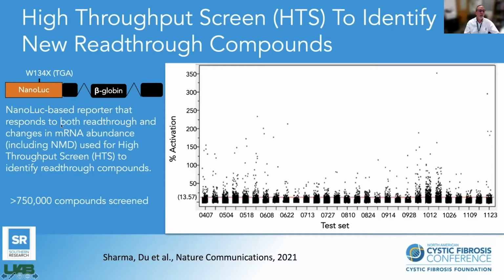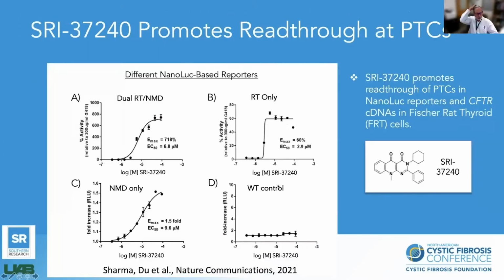So this reporter will give us a readout of both read-through and changes in mRNA abundance. As you can see here, the great majority of the compound screen gave us little or no increase in NanoLuc activity, but there are many up here that did induce read-through. So what I'm going to talk about today is one such compound, SRI 37240, which promotes read-through at PTCs.